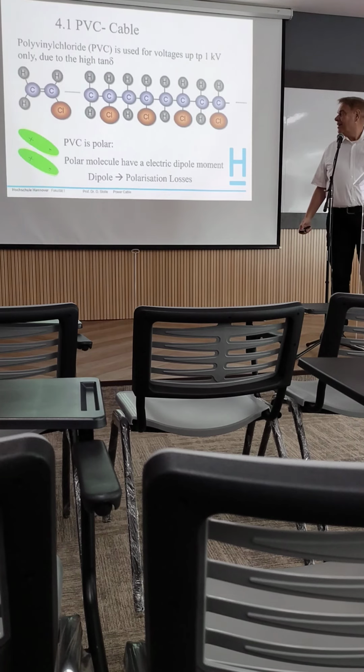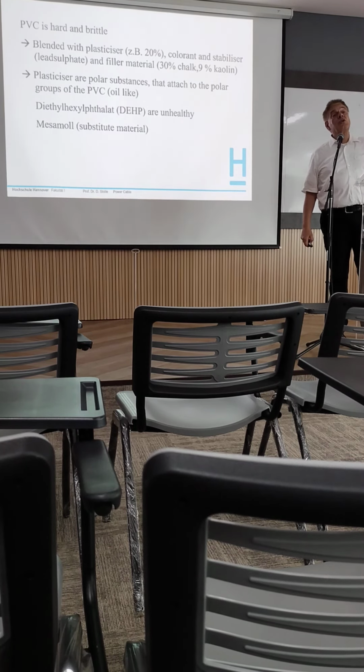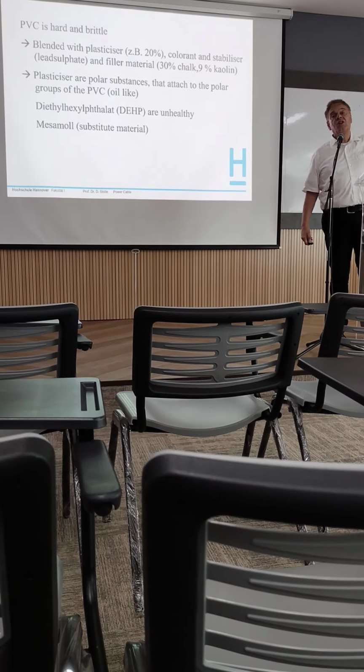So it depends on the frequency as well, but at 50 Hz you have quite big losses. So this is not good for high voltages, due to the polarization losses, because the PVC molecule is a polar material. Okay.